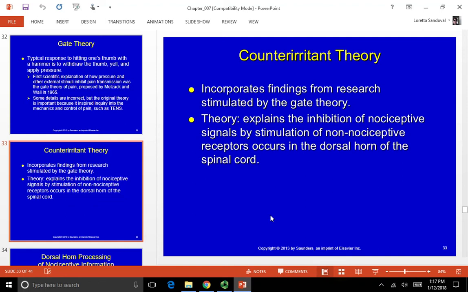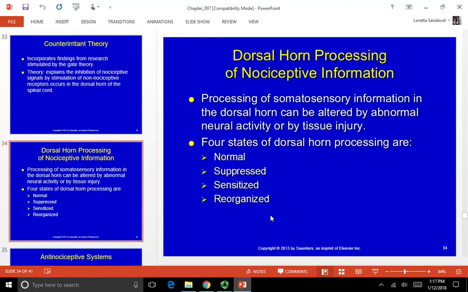So the counterirritant theory explains the inhibition of nociceptive signals by stimulation of non-nociceptive receptors occurring in the dorsal horn of the spinal cord. So that's our A beta fibers, the non-nociceptive receptors, and they're inhibiting the C fibers and A deltas, the nociceptive fibers, and it's happening in the dorsal horn of the spinal cord.